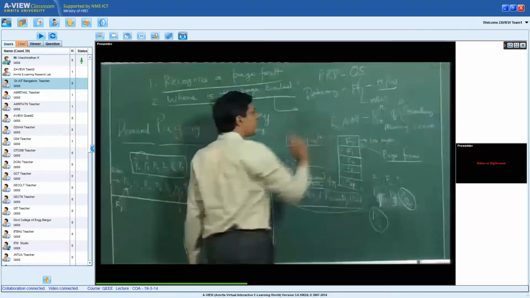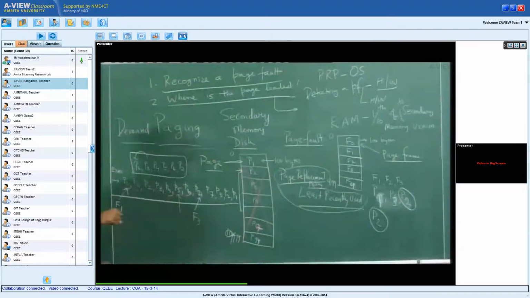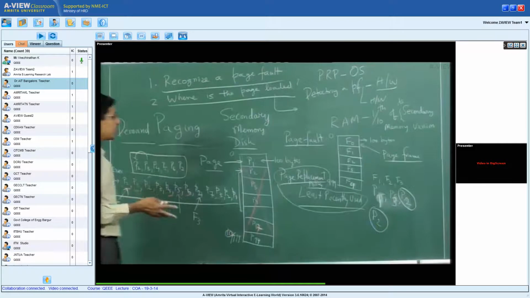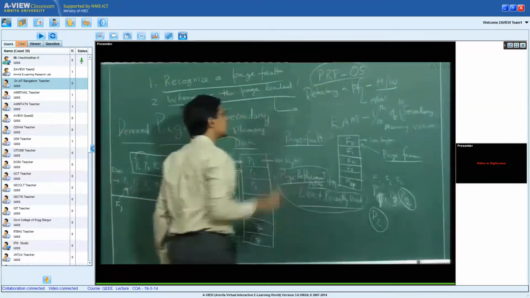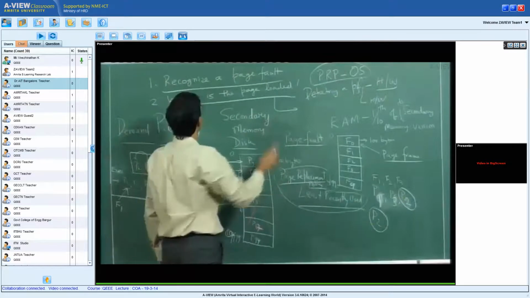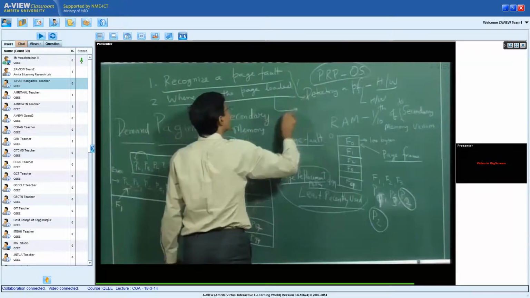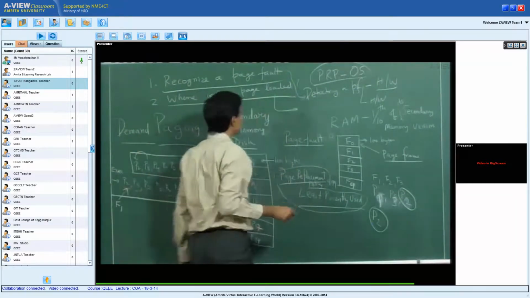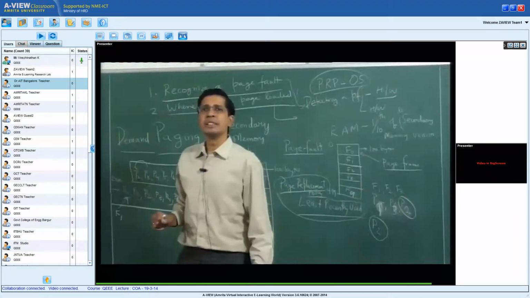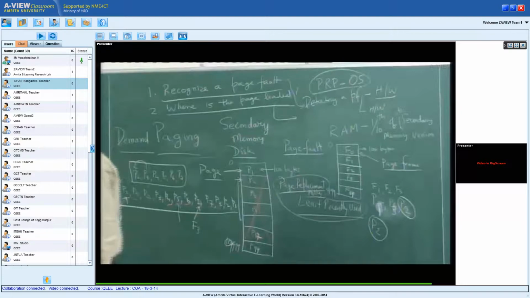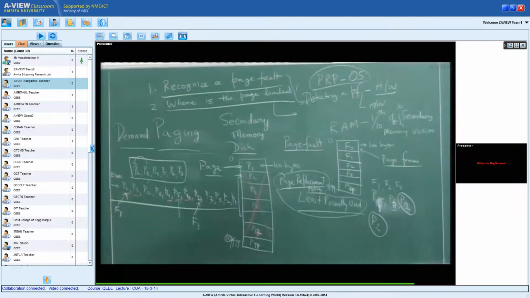The page replacement policy, deciding which page to load in which frame, is decided by the operating system. Recognizing a page fault, or finding out where the page is loaded when it is already loaded, are done by the hardware.